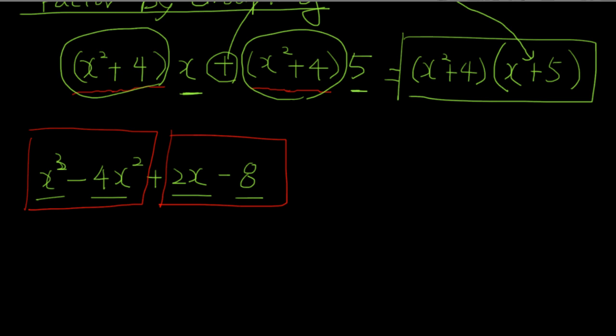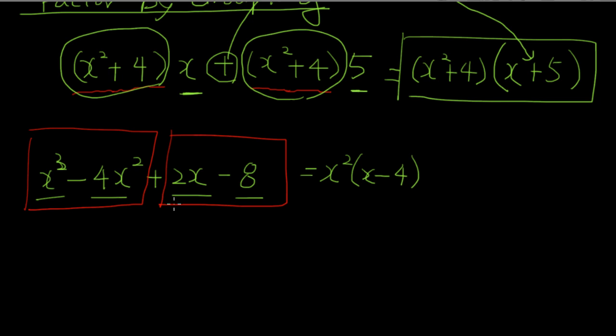All right, and we do have a common factor between these two, which is what? Which is x squared, right? So when we factor x squared from here, x is left behind. When we factor out x squared from the second term, -4 would be left behind.